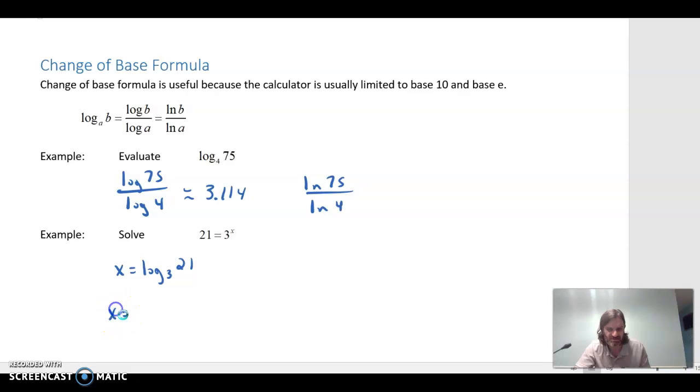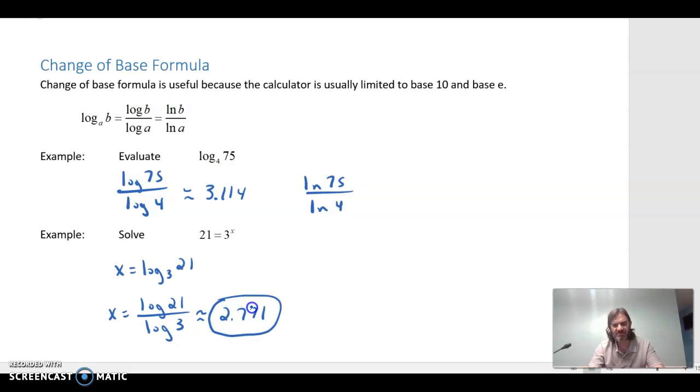So x will be, using the change of base formula, log of 21 over log of 3. Still an exact answer, but if we want to quantify it, let's put it in our calculator. And if you need help with calculators, let me know. This gives me 2.771. Okay, and that's an approximation, probably close enough to do anything we need.